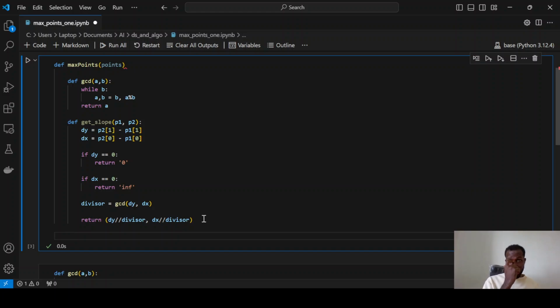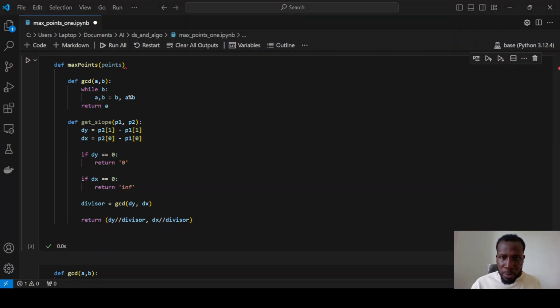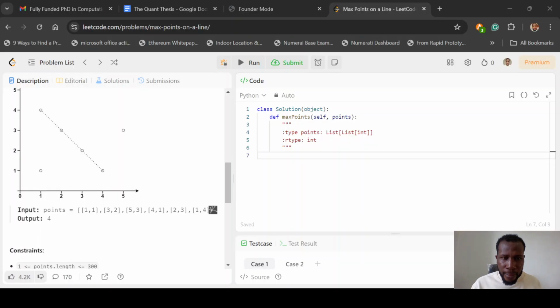Remember, we said that we're going to use one point as a reference point for all those points. So if we have, for example, this graph here, and you are considering point 4, 1, if we count the points that are collinear to this one, we see that it's going to be 1, 2, 3.